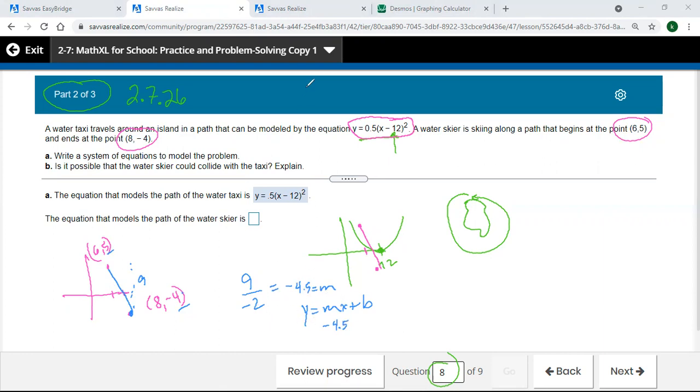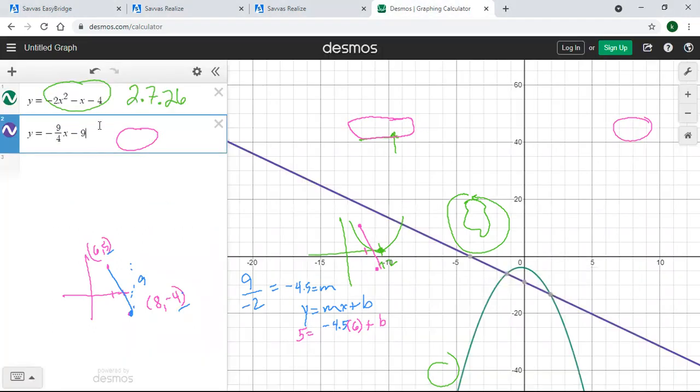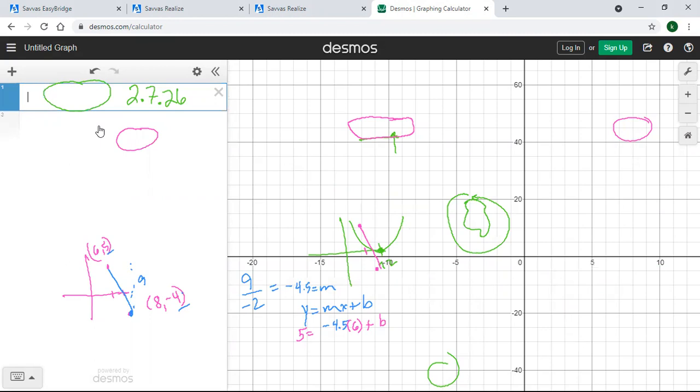The 5 is my y, the 6 is my x, and then I'm missing b, so I'll solve this. -4.5 times 6 is -27.